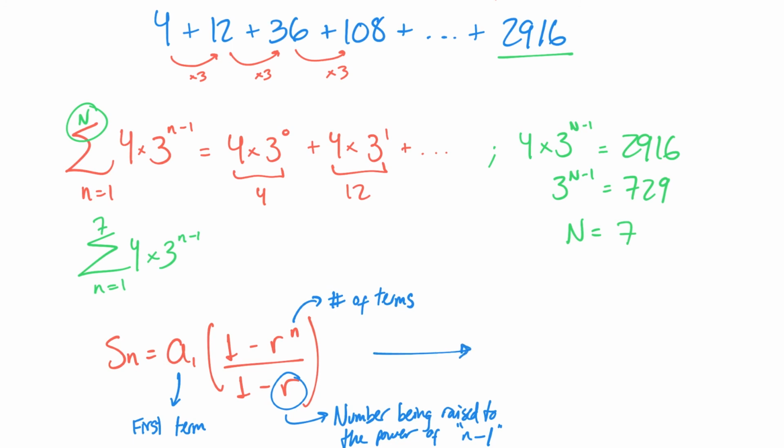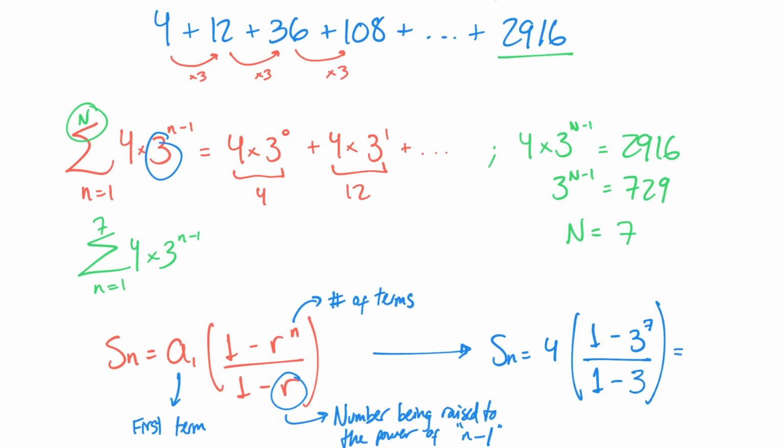So we just plug in those numbers. Sn is going to be equal to 4 times 1 minus 3 to the power of n, which in this case is 7, divided by 1 minus 3.